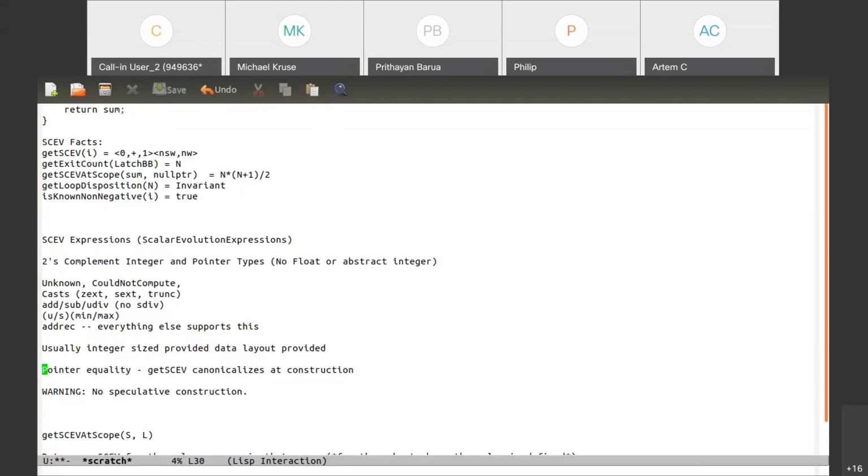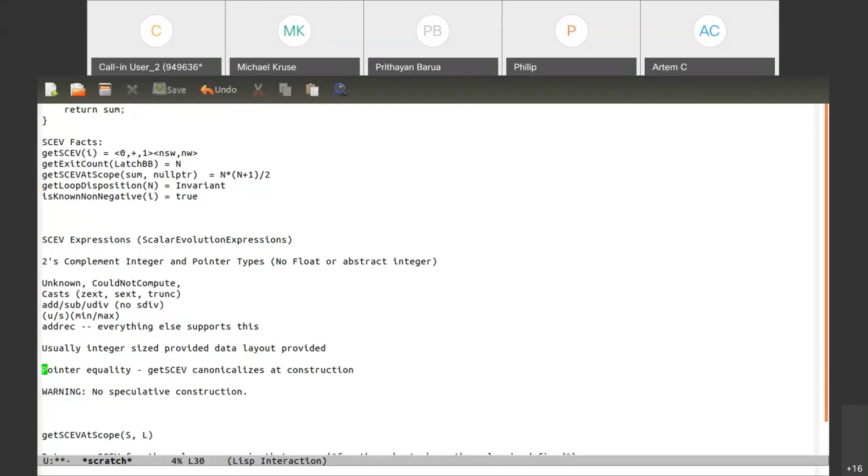The other point here, and this is one that came up fairly recently and we got burnt by, even though I hadn't known this, is that it is not legal to speculatively construct a SCEV. You can construct it from a value, but you can't, for instance, construct an add SCEV with an arbitrary set of flags unless those flags are actually valid in the current IR for the expression.